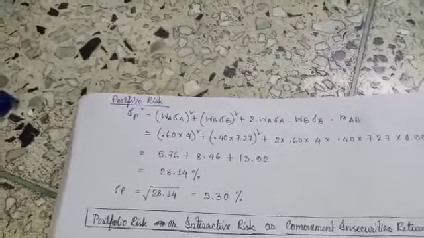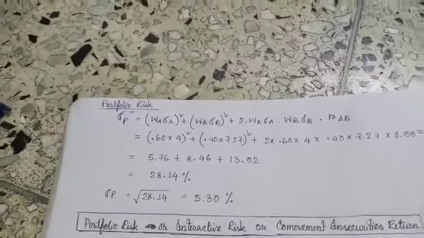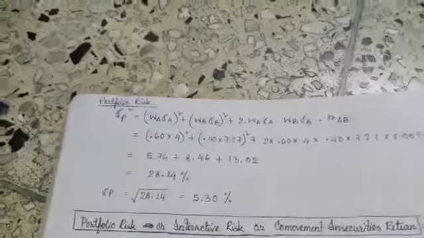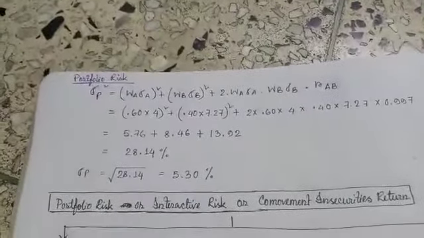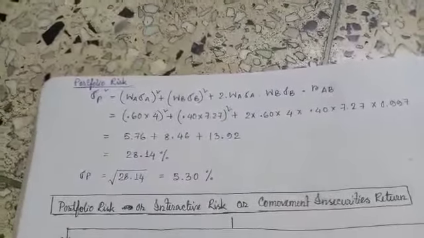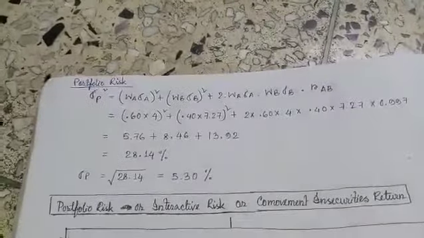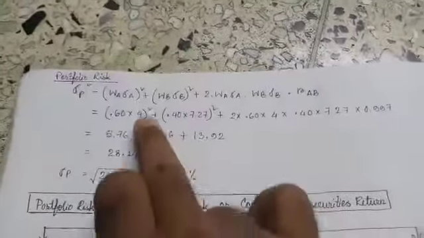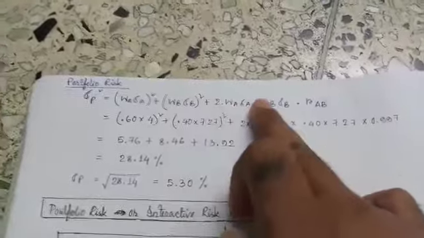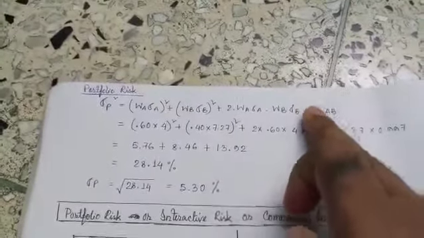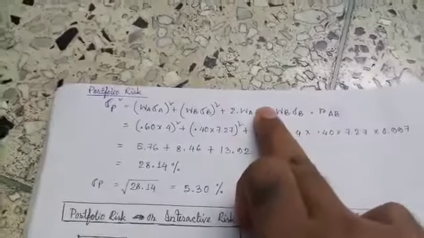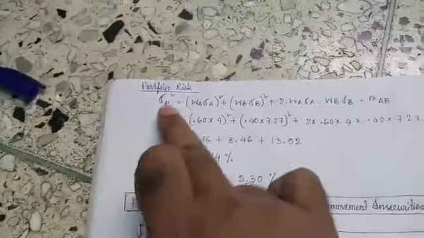So at the time of recalling and memorizing the formula, if we use this tactic, that means sigma p square is nothing but A plus B whole square, A square plus B square plus 2AB, and then after writing this formula, if we attach the correlation coefficient with this, then we will get the formula of the variance.